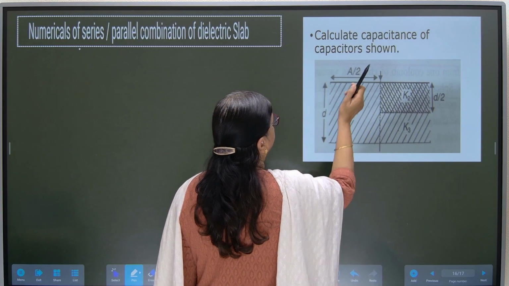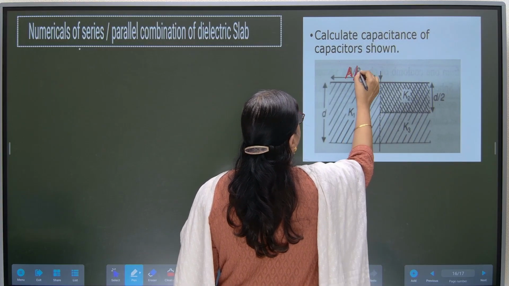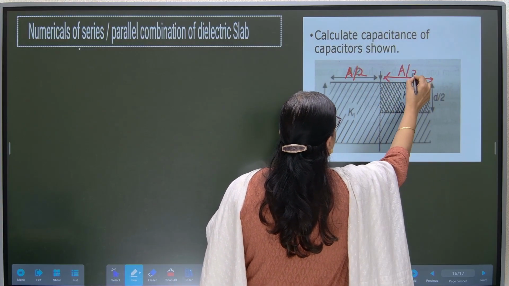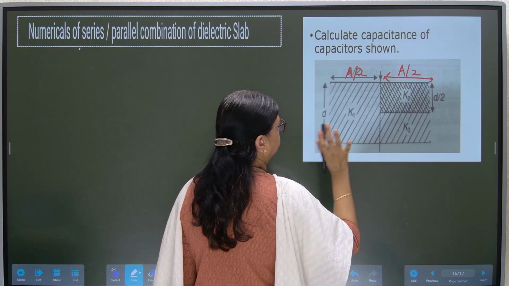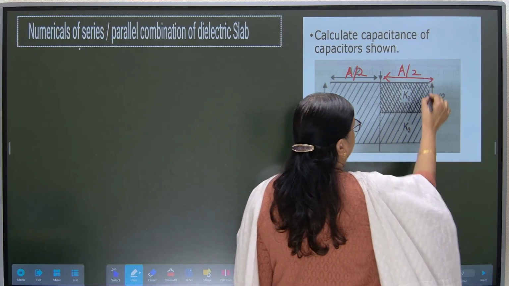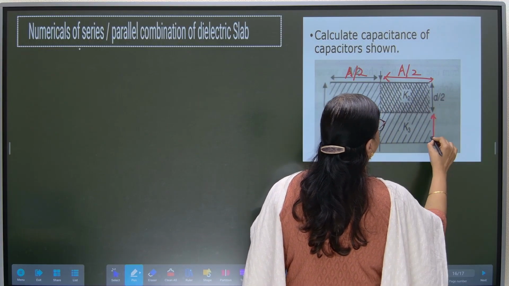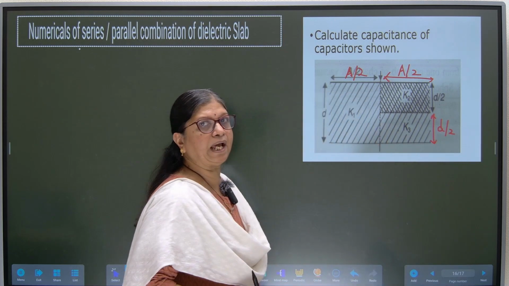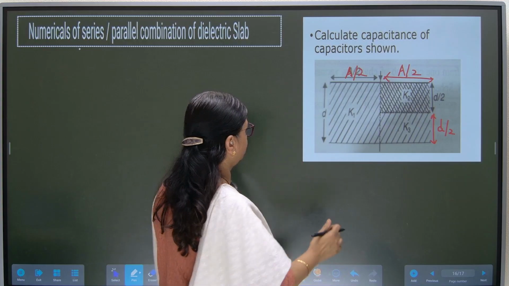You can see A upon 2 written here. It means that this portion is also A upon 2. These are the parallel plates. If this is D and this is D by 2, the other portion is also D upon 2. How many slabs are available here? K1, K2, K3.